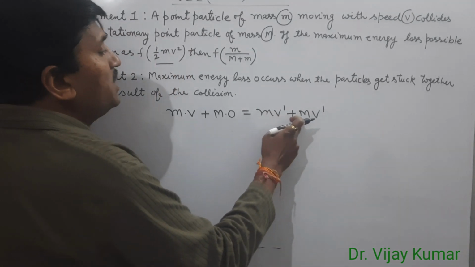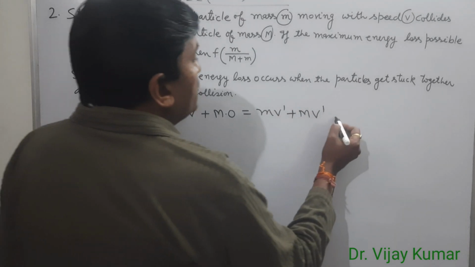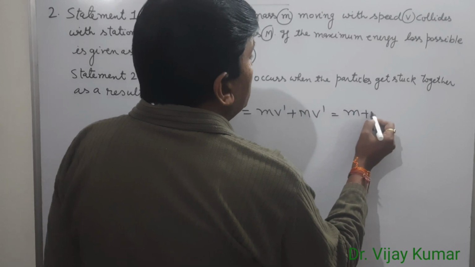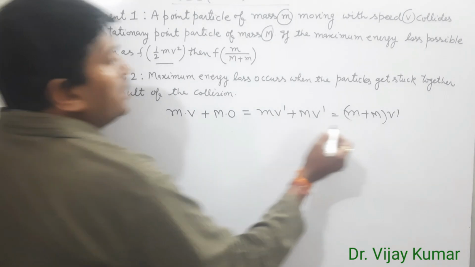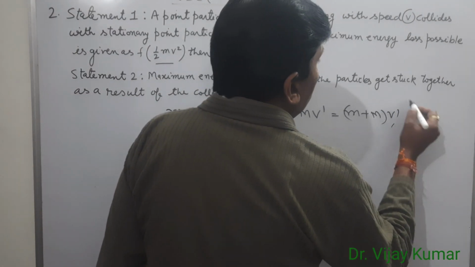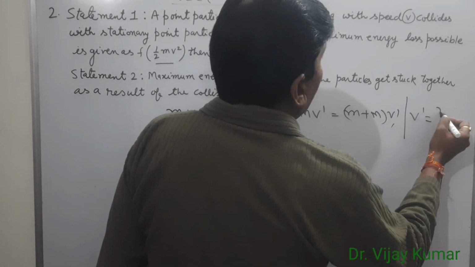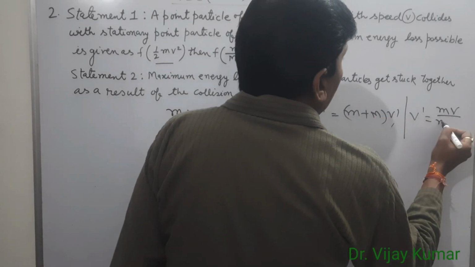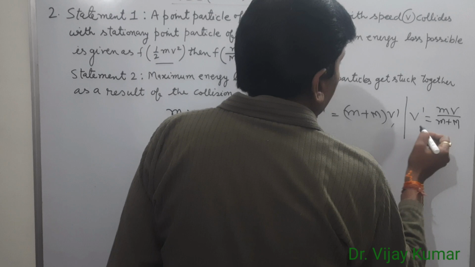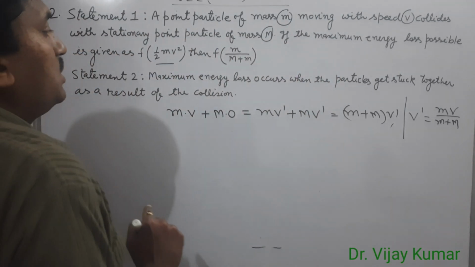So m v equals m plus capital M times v dash, and here v dash equals small m v upon small m plus capital M. This is the new velocity after collision.